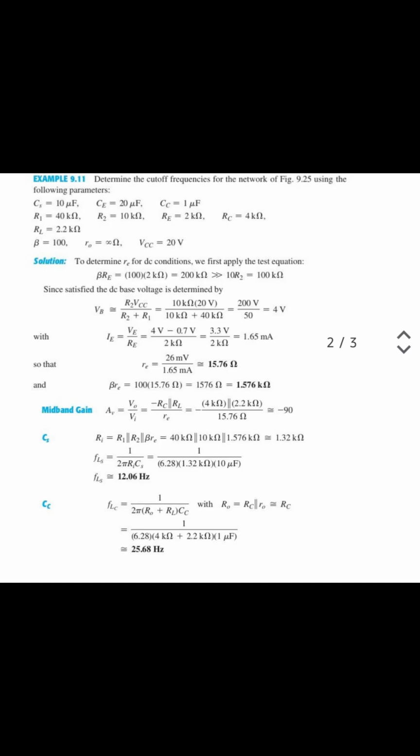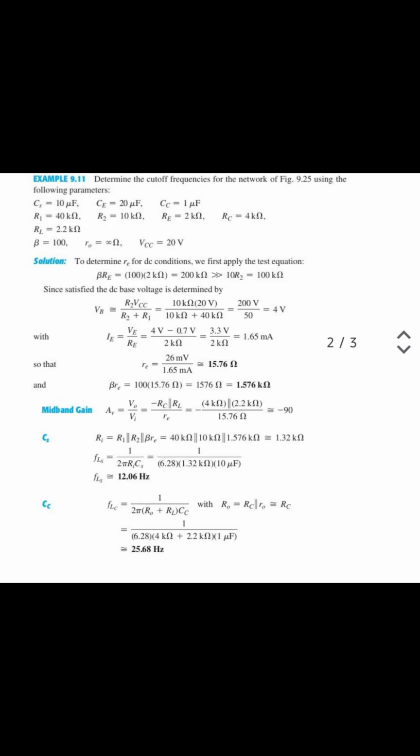Now we substitute that into our formula: F sub Ls equals 1 over 2 pi times 1.32 kilo ohms times 10 microfarad. We have F sub Ls approximately equal to 12.06 hertz.